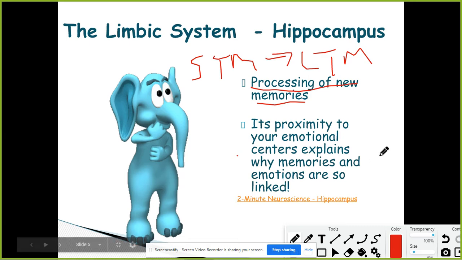It also plays a big role in spatial memory, which is memory of an environment that you are in. And because of this, they see early deterioration of the hippocampus in Alzheimer's disease.